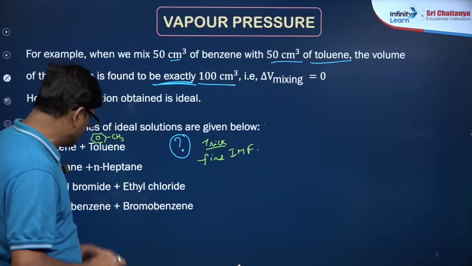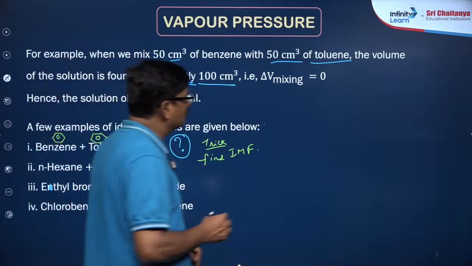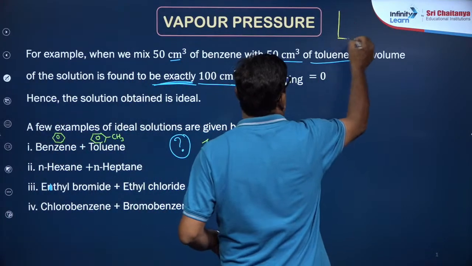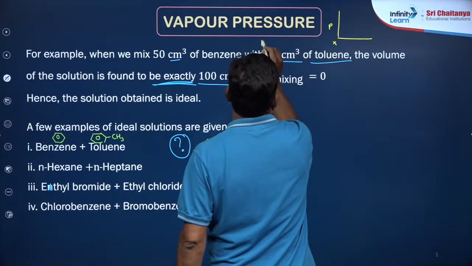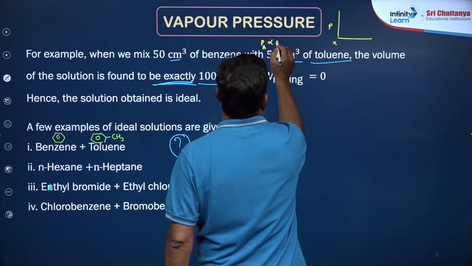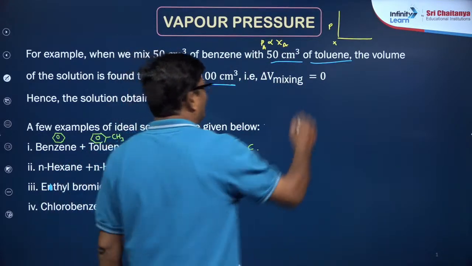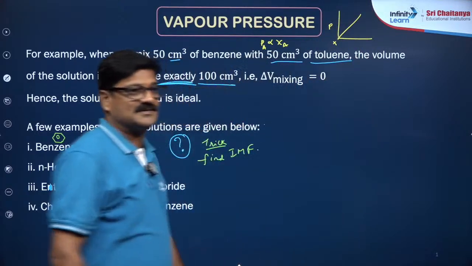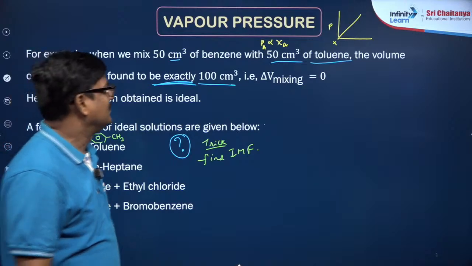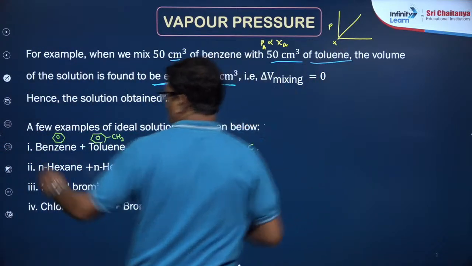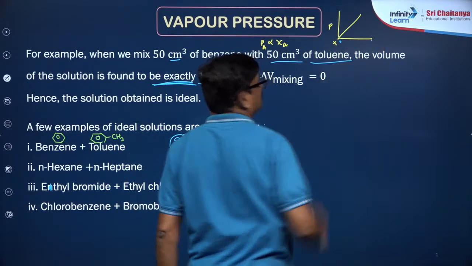So, I just want to say here, when two components are mixed, we know that vapor pressure is directly proportional to mole fraction, right? So it is going to be like this. Mole fraction, from 0 to where? From 0 to 1, right?